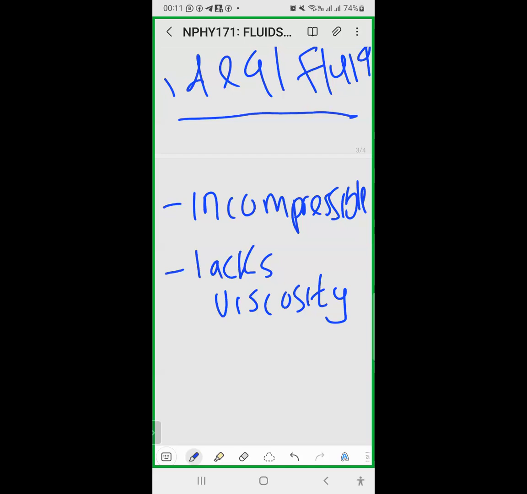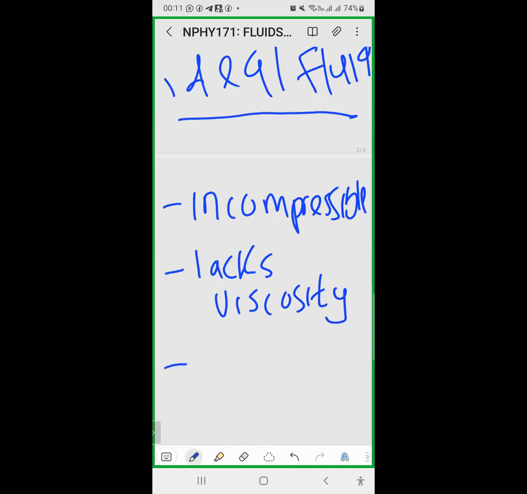When we say lacks viscosity, we simply mean its viscosity is negligibly small. This occurs mostly in inviscid flow regions where the viscous forces are negligibly small compared to the inertial or the pressure force acting on that fluid. So that is the second characteristic.